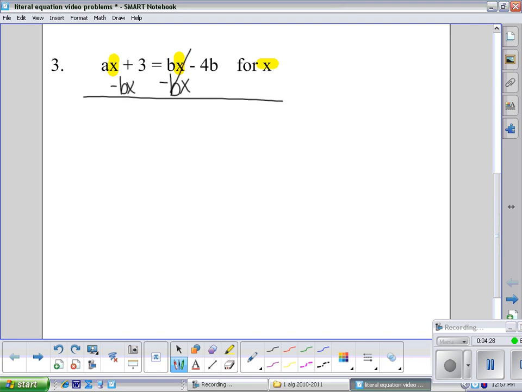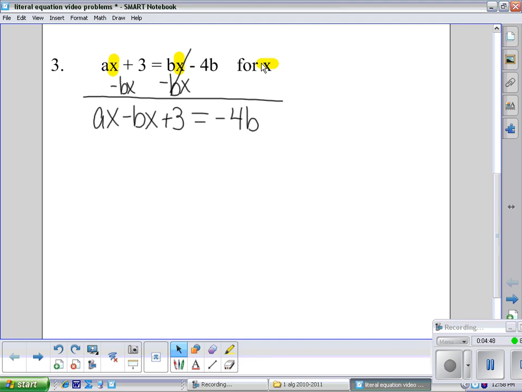So the terms will cancel on the right, and I'm left with ax minus bx plus 3 equals negative 4b on the right. Okay, so now it's looking like example 2. The x variable is still in two different places. We see it here and here, so we know we're going to have to use the distributive property, reverse distributing.